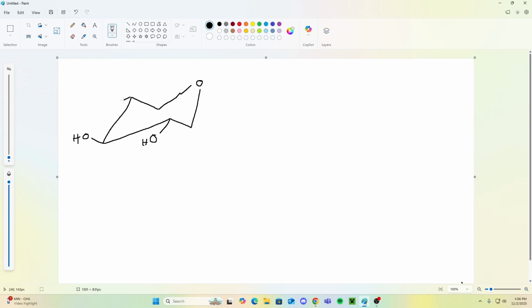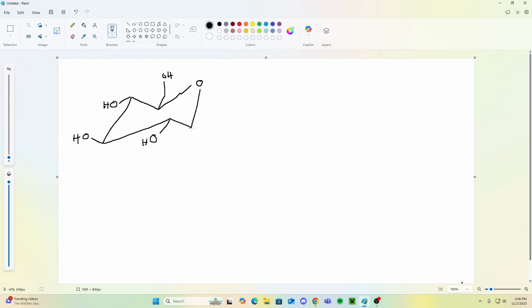OH would be pointed down this way. And then your methyl into an alcohol group is pointed out and then back up. And here's your OH. So this is the basis of a glucose.